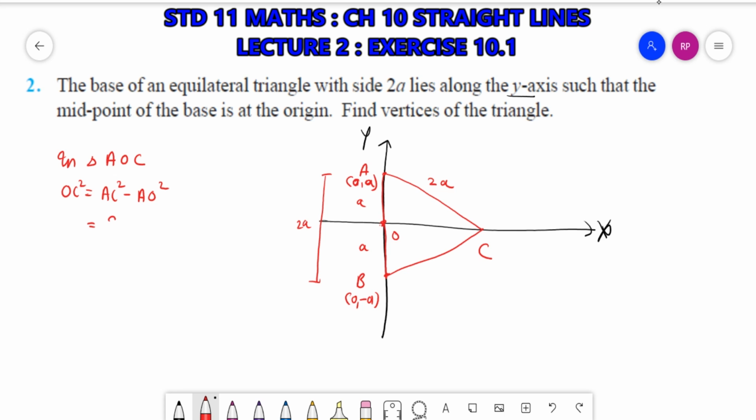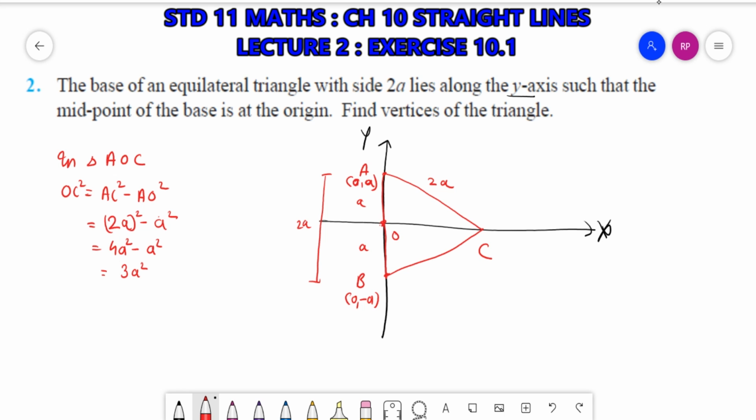AC is 2a, so (2a) square minus OA, which is a, that is a square. This will be equal to 4a square minus a square, that is 3a square.